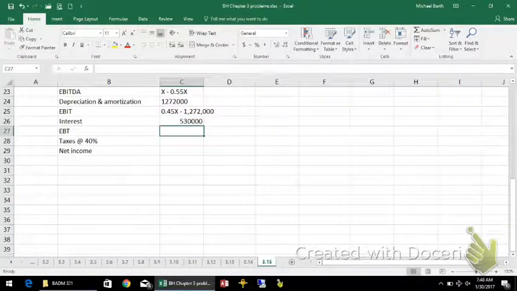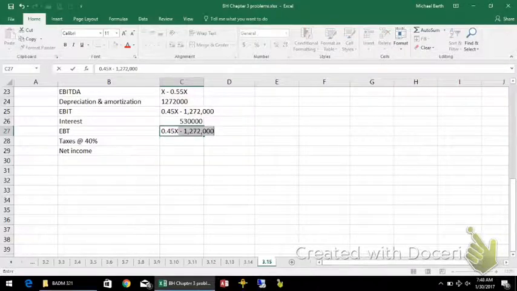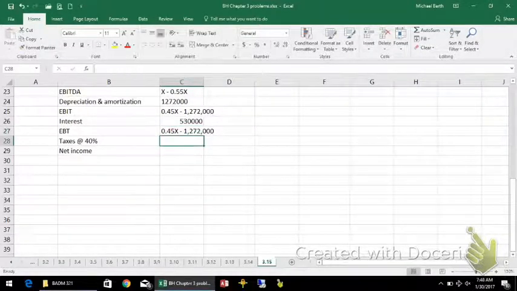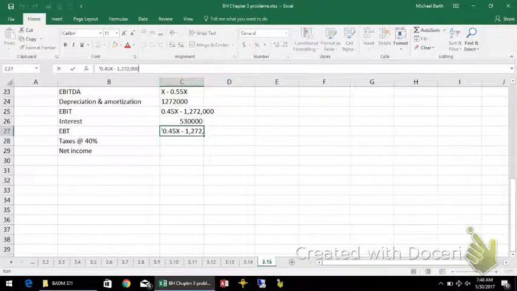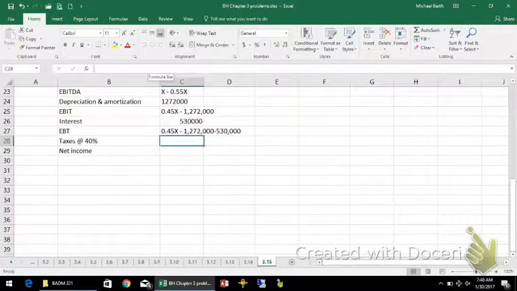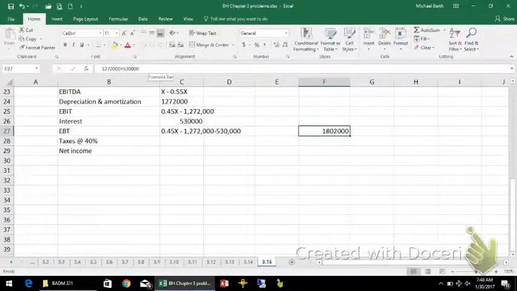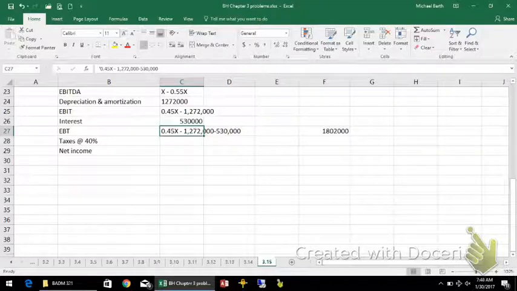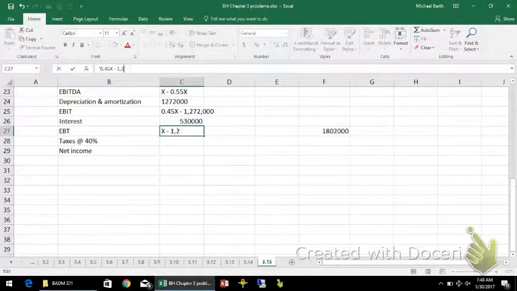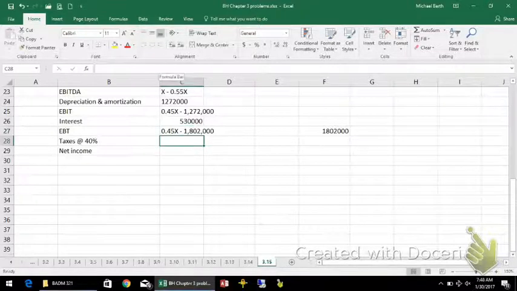So now taxable income would be 0.45X minus 1,272,000 plus 530,000. Let me simplify: that's 1,802,000. Taxes are 40%.